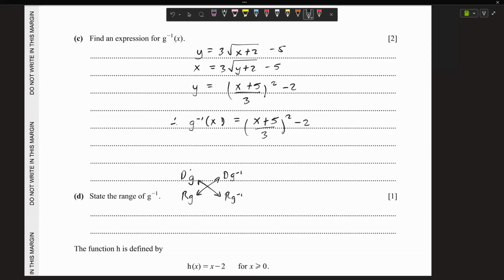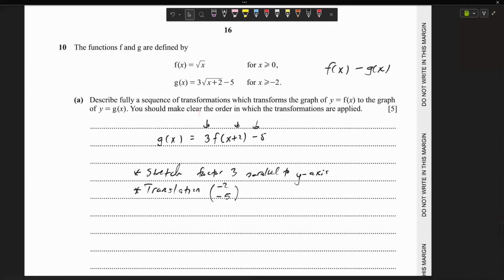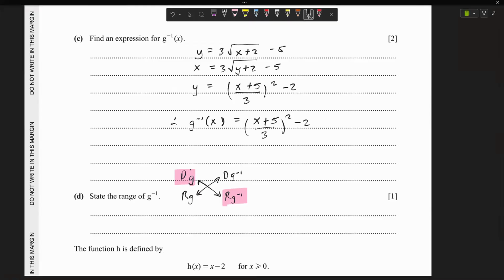So essentially, according to what they are saying, for the range of g inverse, we just look at the domain of g. Remember g is this function, and the domain is x greater than or equal to -2. So the range should also take the same form: y is greater than or equal to -2. So that is the range of g inverse.